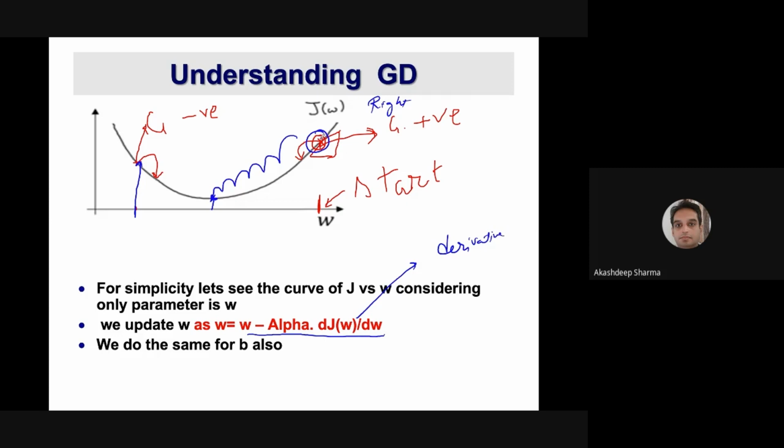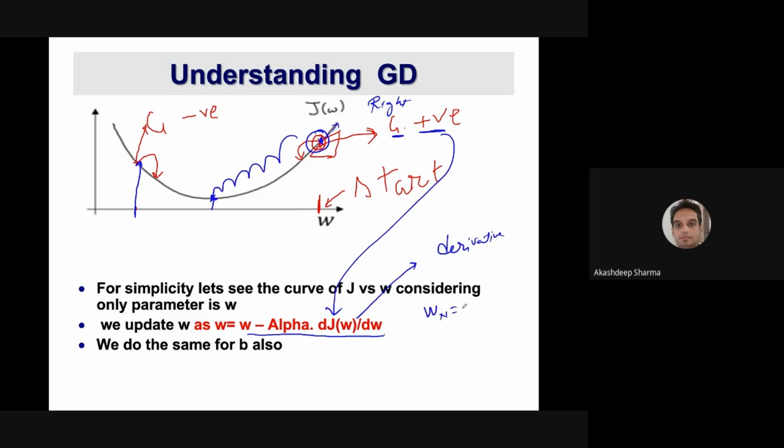If I am here, observe this. If I am here, my loss function is increasing upwards, so my derivative will be upward, right? So it means the value of this gradient will be positive here. So the value will be positive here. If I substitute this into my formula, what is the effect?